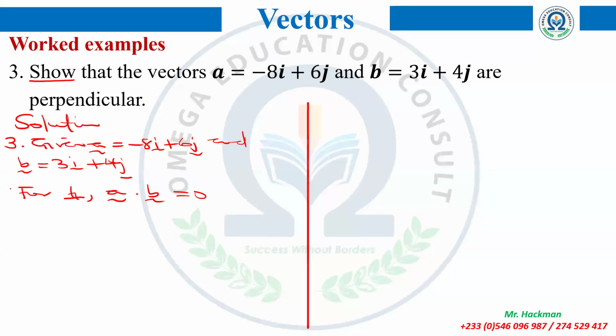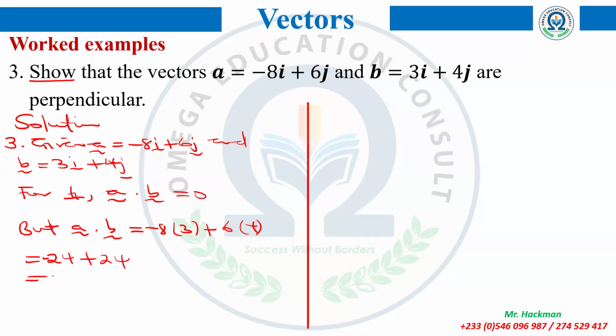Now we are going to take the left-hand side. A dot B will be equal to -8 times 3, plus 6 times 4, which will be equal to minus 24 plus 24. Obviously this gives us 0.